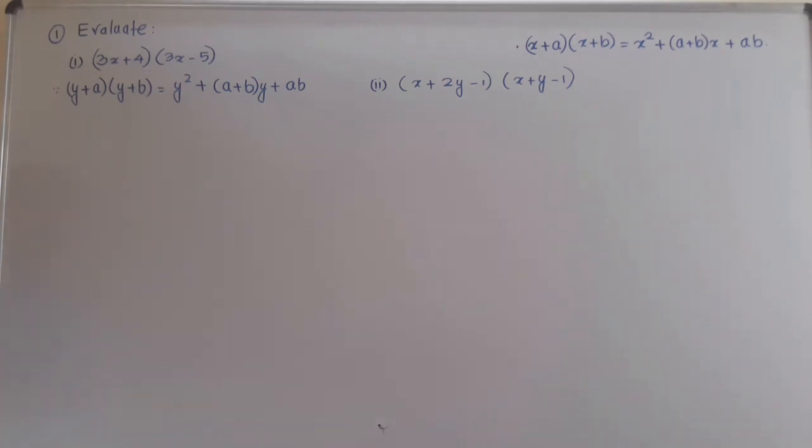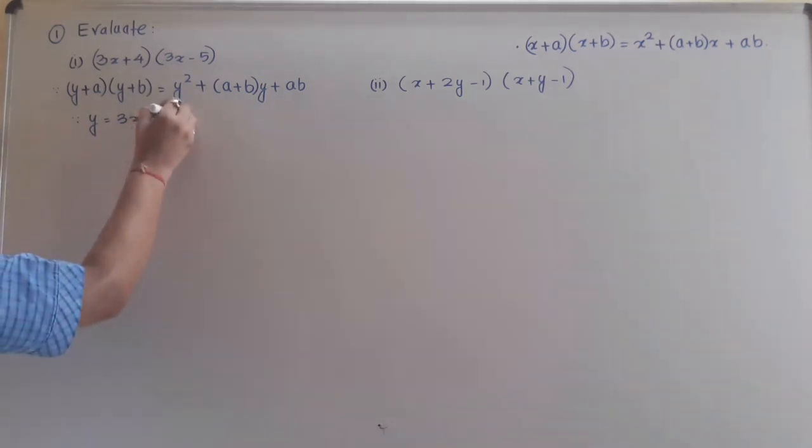Now compare these two brackets with these two brackets. You will observe here the first term is y, while here the first term is 3x. So I can say that the value of y will be 3x. Then compare the second term of the first bracket. Here it is a, and here it is plus 4. Remember, you have to write down the term along with the sign.